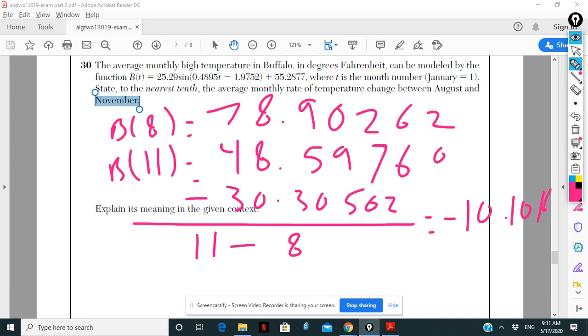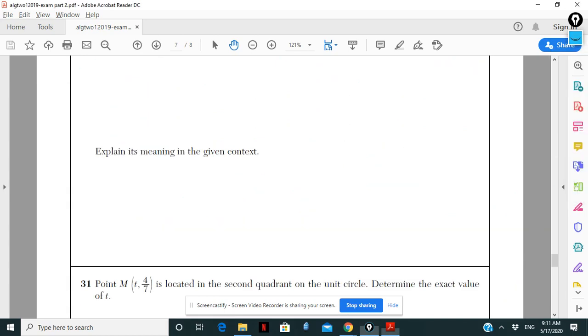Now it says round to the nearest tenth, so it's negative 10.1. Now what does it mean? Every month there is a drop of 10.1 degrees starting from August going through November.